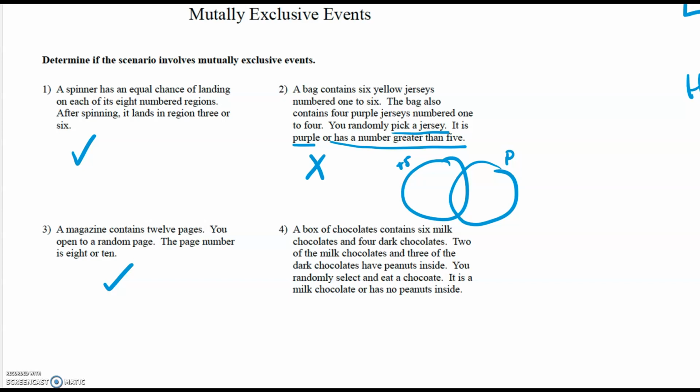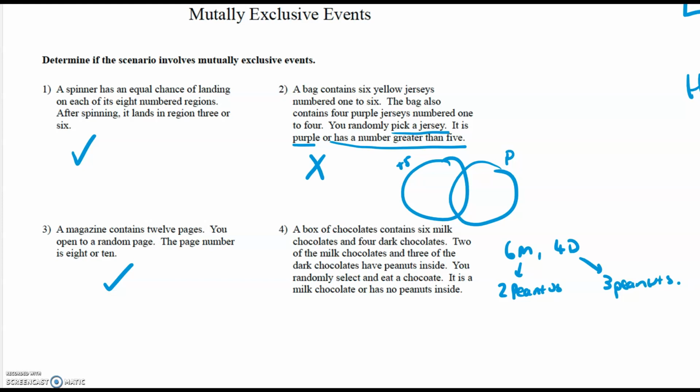Okay, last one. A box of chocolates contains 6 milk chocolates. I'm just going to write this down before I forget. So 6 milk, 4 dark. 2 of the milk chocolates have peanuts and 3 of the dark have peanuts. You randomly select and eat a chocolate.